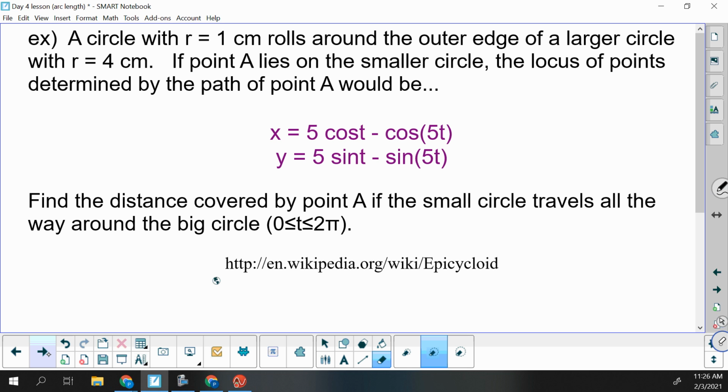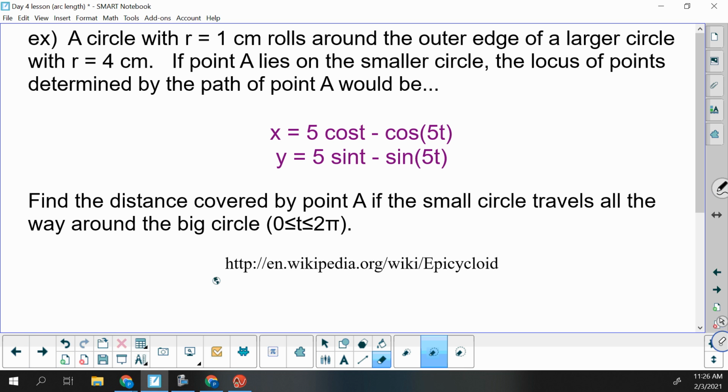All right, a circle with radius 1 rolls around the outer edge of a larger circle with radius 4. Point A is on the smaller circle, and the locus of points determined by our path is represented by these functions. So first thing I want to show you is just a little video of that.